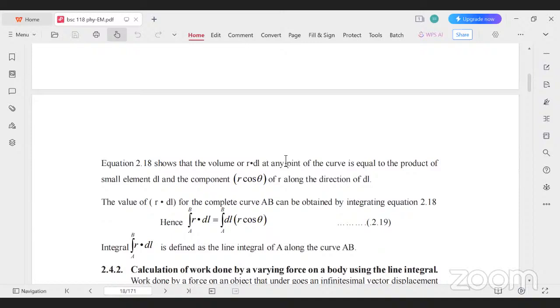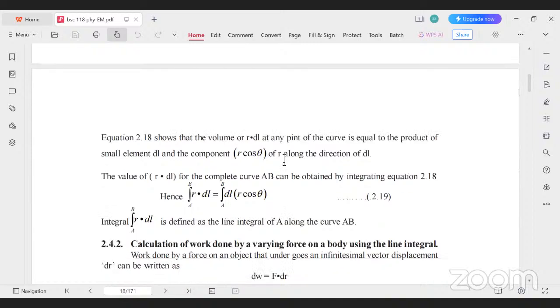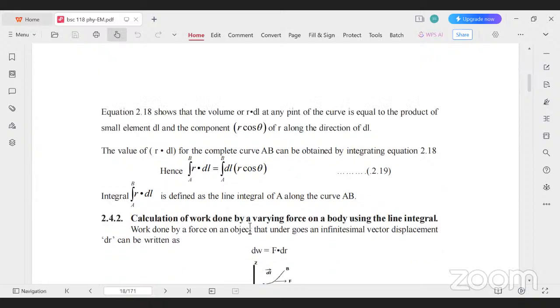So from that equation, we are able to write the integration. Hence it becomes integral from A to B, because A to B is a line, of R dot dl, equals integral from A to B of dl R cos theta. Is that clear till here? Yes, ma'am. Okay.